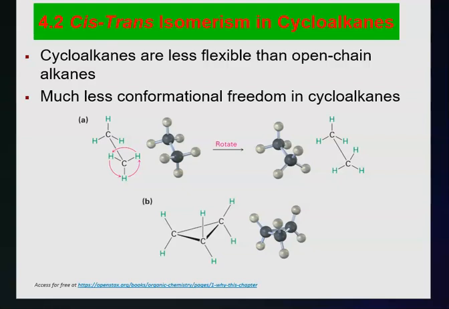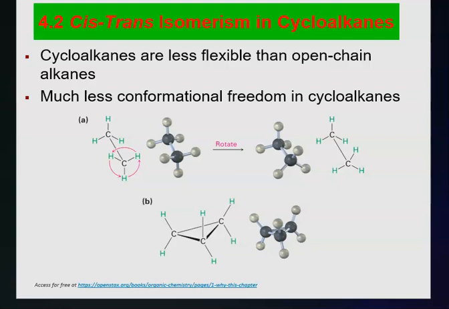All right. Talking about isomerism for cyclic structures. Now, in many aspects, the chemistry of cycloalkanes is like open chain compounds, like normal alkanes. They are all nonpolar and they are fairly inert too. However, there are some important differences, and one main difference is that the cycloalkanes are less flexible than the open chain alkanes.